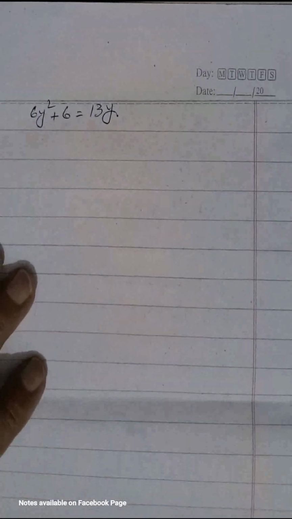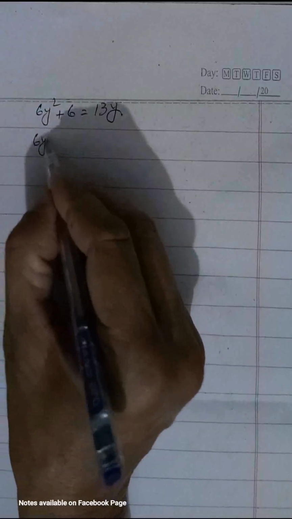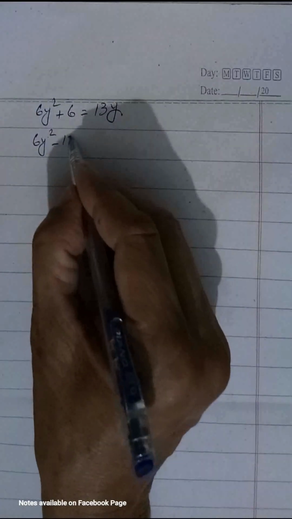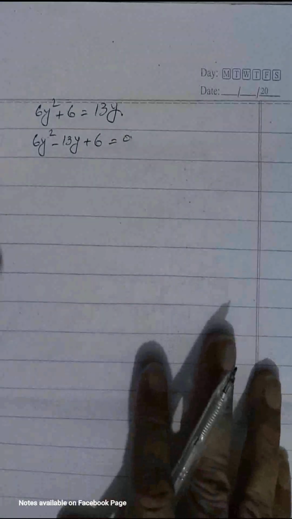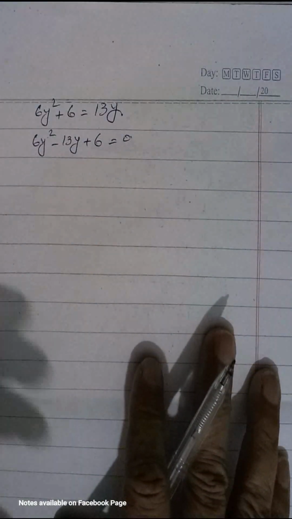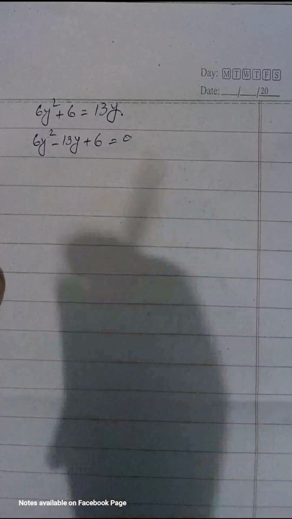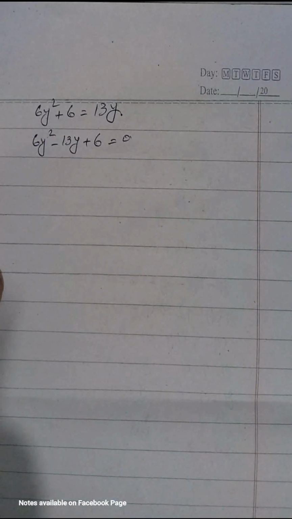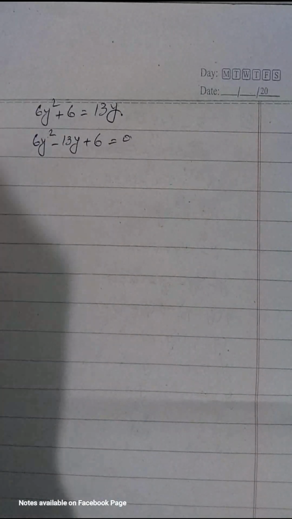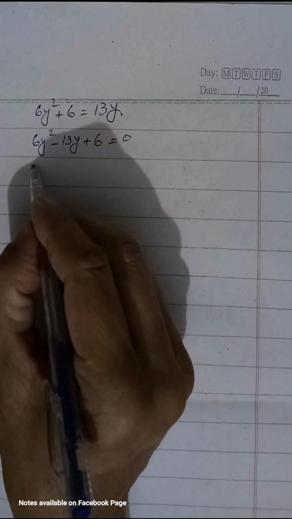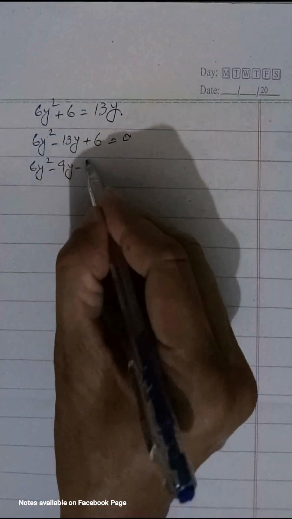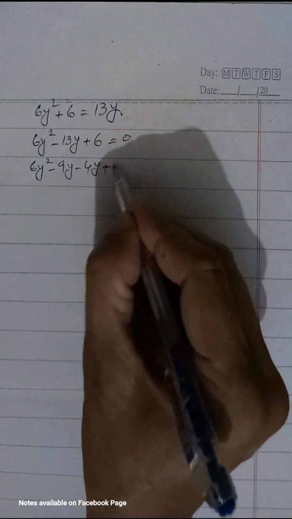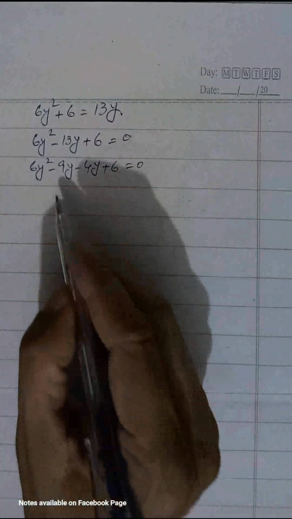And now we convert it into standard form. 6y square minus 13y plus 6 is equal to 0. And now we factorize. We get 6y square minus 9y minus 4y plus 6 is equal to 0.